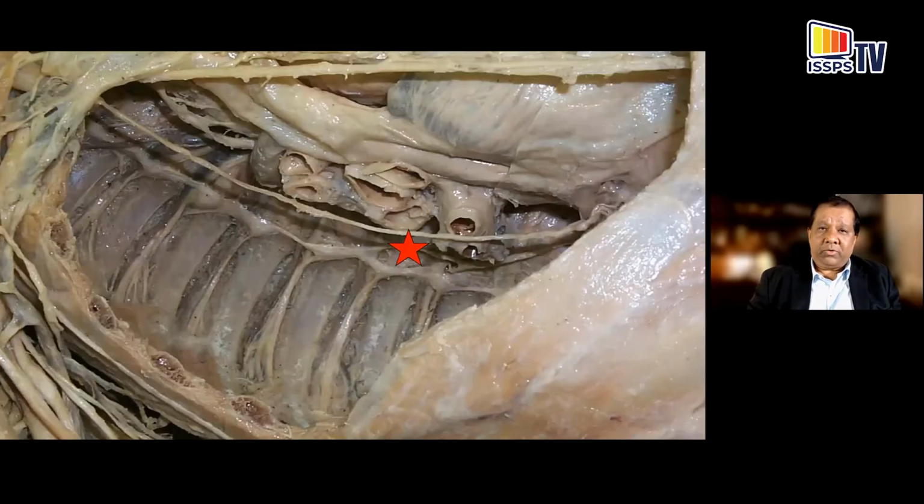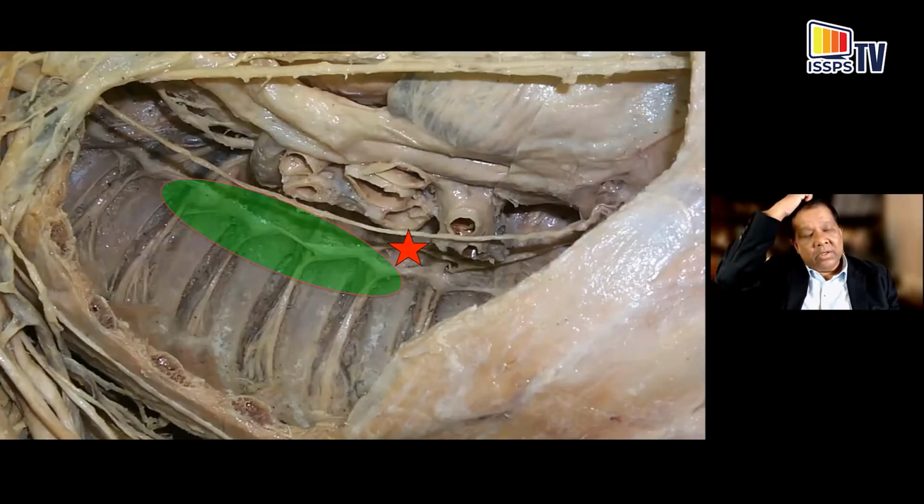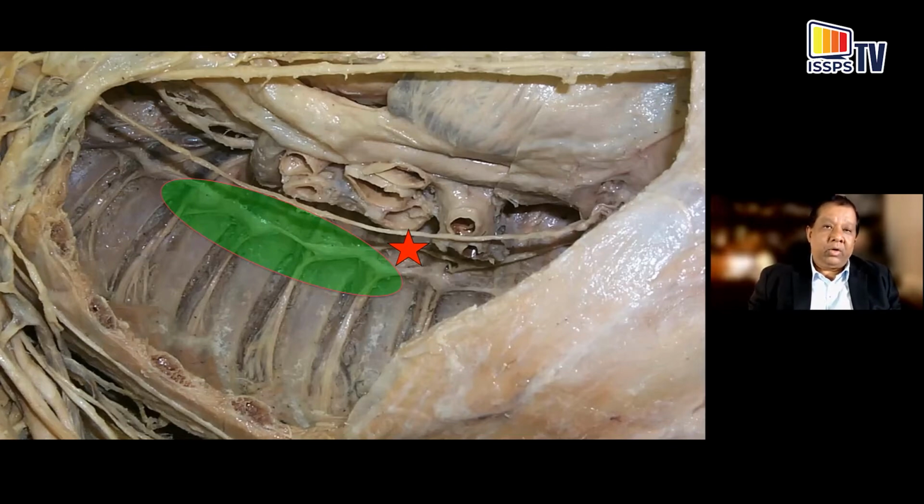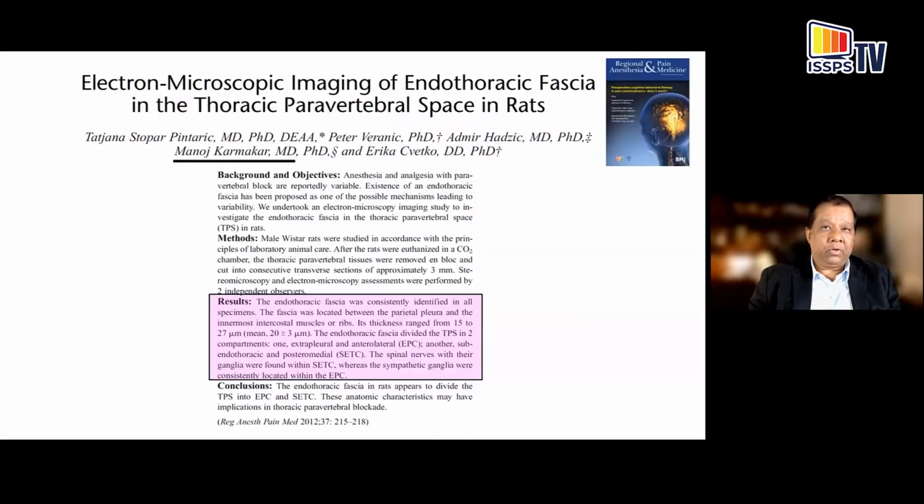So as a repository for local anesthetic injection, I think it is very important because it is a crossroad where not only somatic, but also sympathetic nerves are crisscrossing. So an injection into this space will not only produce somatic block, but also a sympathetic block, which is important for visceral analgesia.